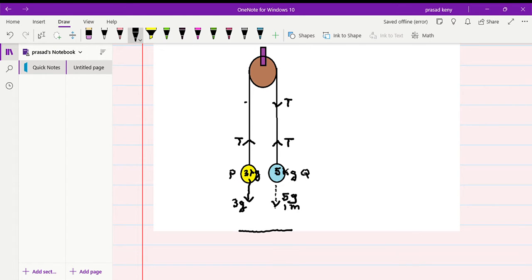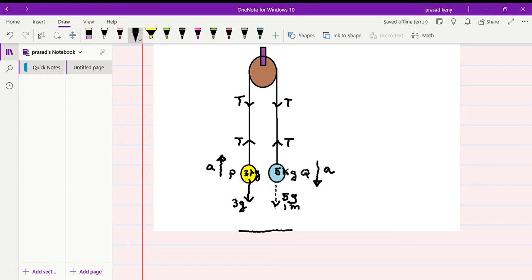These are the forces we are going to show here. Now, since the particles are released from rest and the weight of 5 kg is larger, the acceleration of this mass will be downwards and the string is inextensible, so particle P will accelerate at the same rate upwards.